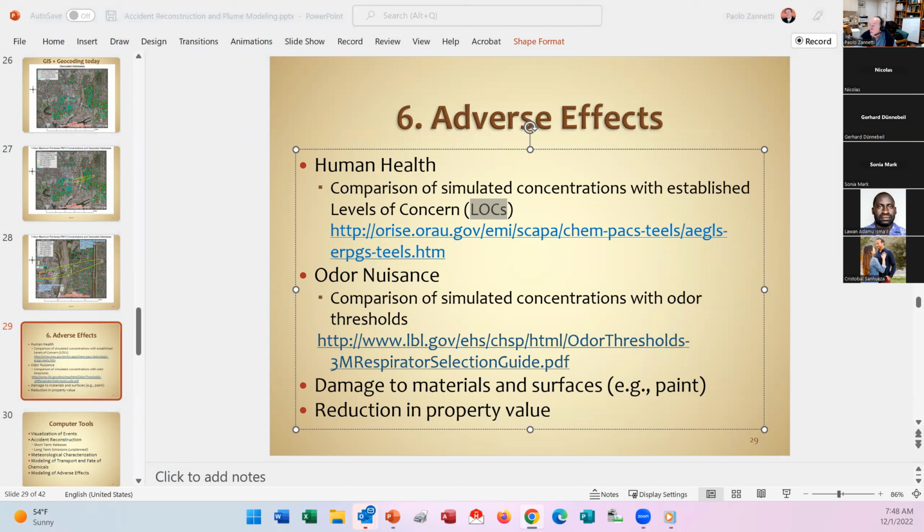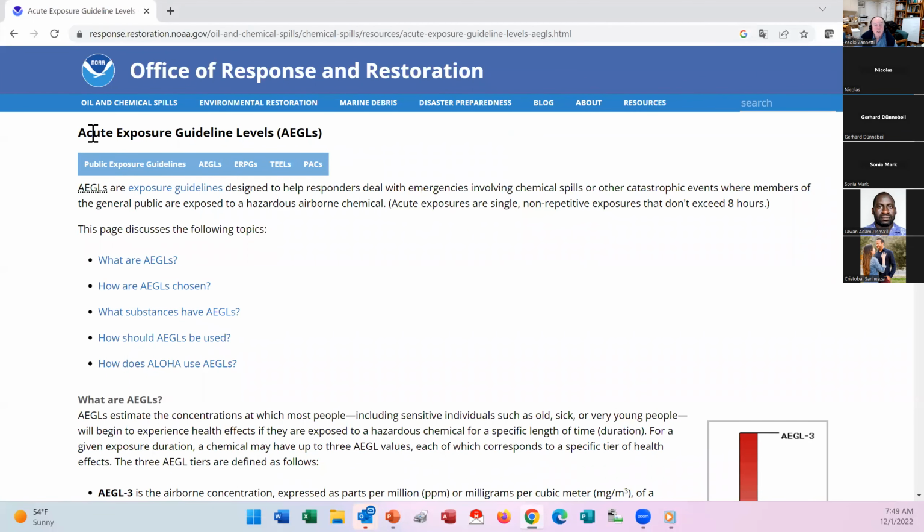Okay, so these are called the AEGL, and they are acute exposure guideline levels. So these are concentrations, for every chemical of course, that should be used to give you an idea of values of level of concern for acute exposure.